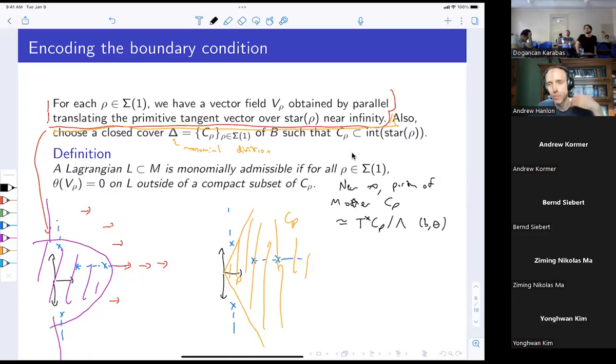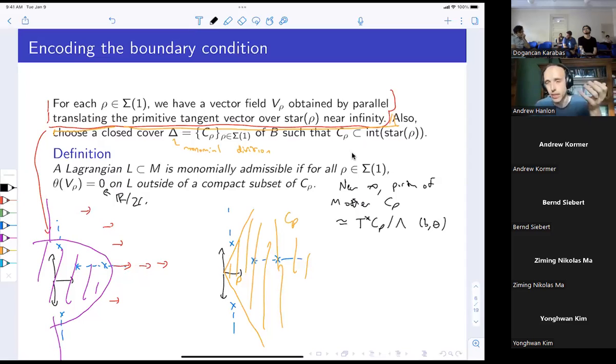And what I'm saying is I just pair the angular coordinate with this vector field. That makes sense because this vector field is in the lattice. And this is being 0 as an element of R mod Z. So really I'm asking for this angle to be some integral multiple, or if you prefer to think of it as an angular parameter, you could think of it as 2 pi Z. Okay. So that's what a monomially admissible Lagrangian is.